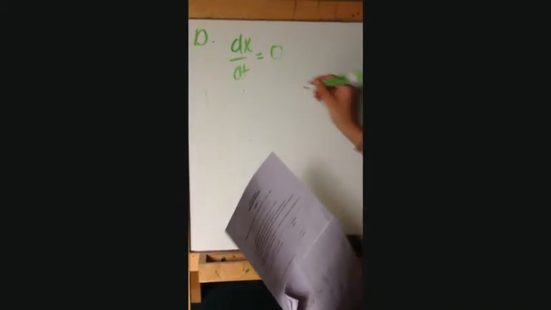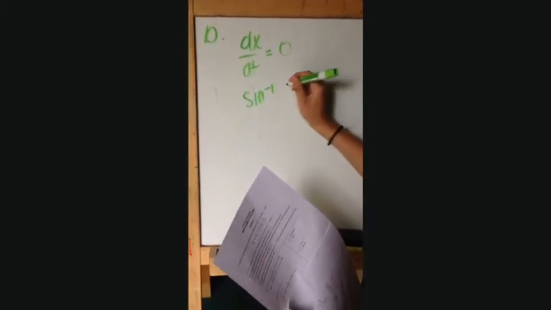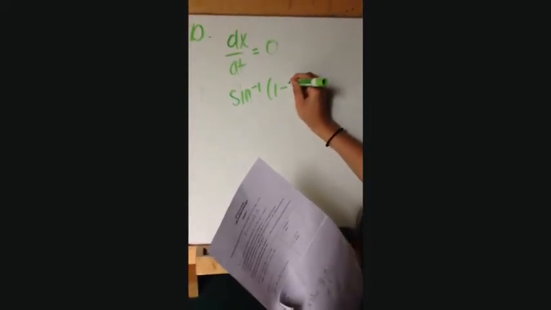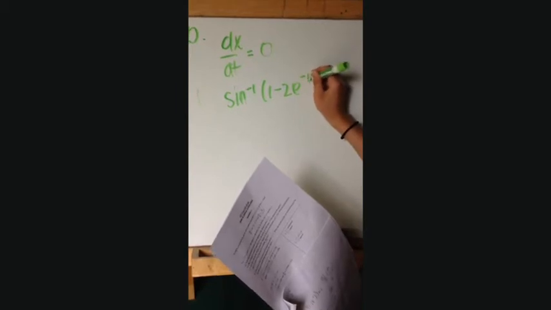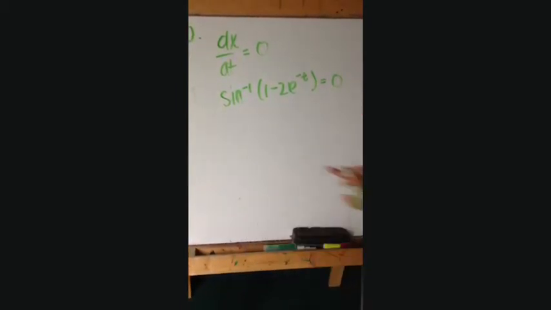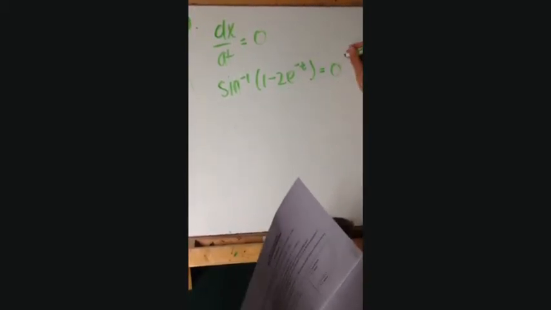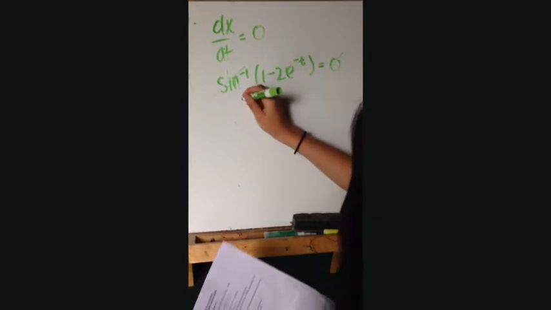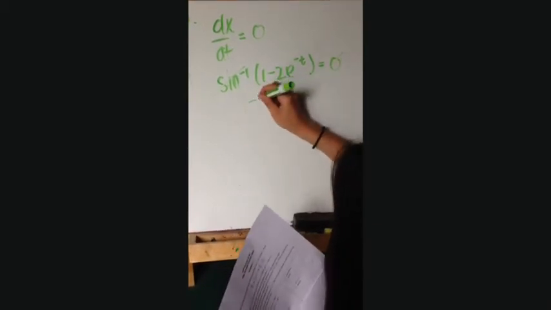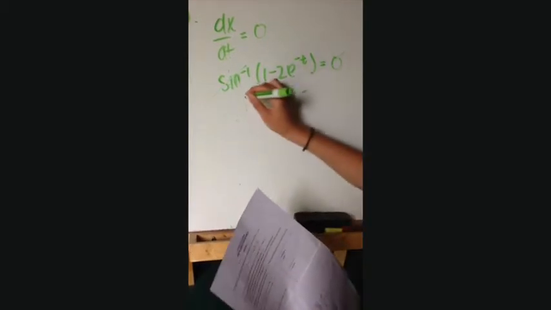So you will go arcsine of 1 minus 2e to the negative t equals 0. You can take the sine of both sides to simplify it. Sine of 0 is still 0, so that will just cross out. So you'll have 1 minus 2e to the negative t equals 0.